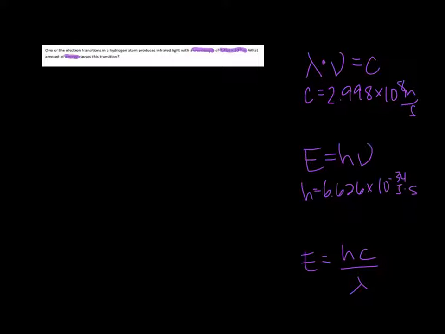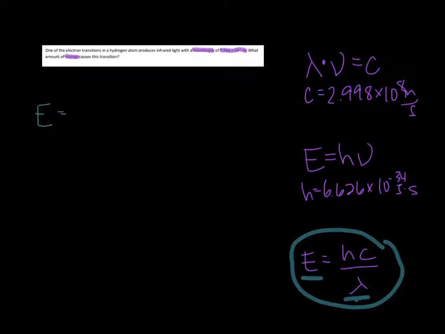And so this time I'm going to have to use this equation, right? Because that equation has energy in it and it has wavelength in it. So it has what I want, the energy, and it has what I have. If I plug those into the equation, my H is 6.626 times 10 to the negative 34 joule times a second.